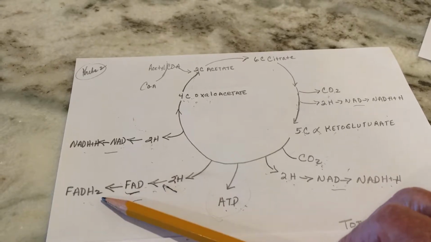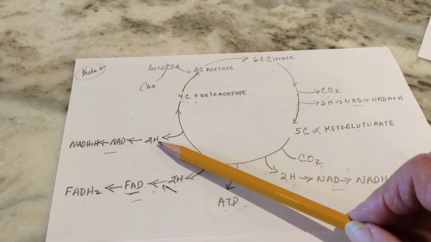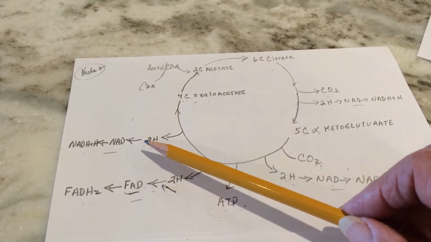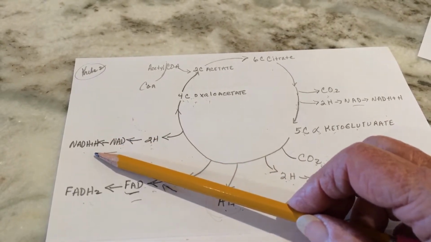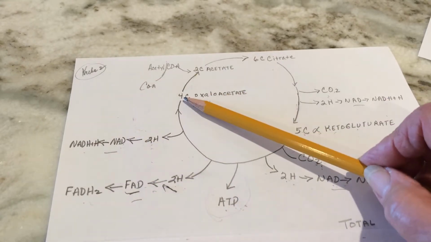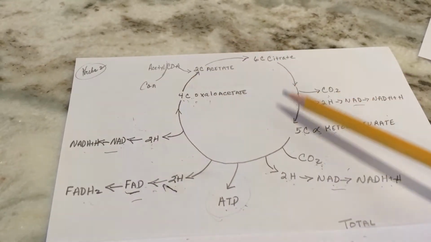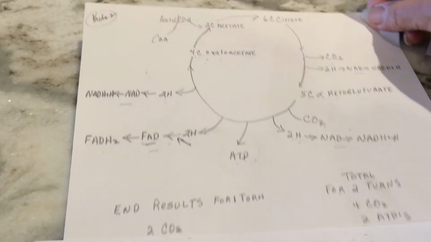That's another bus for ETC. And then lastly, 2 more hydrogens are oxidized off of our compound, picked up by NAD to make another NADH plus H bus. And that brings us down to 4-carbon oxaloacetate, which is present there to keep running the cycle.